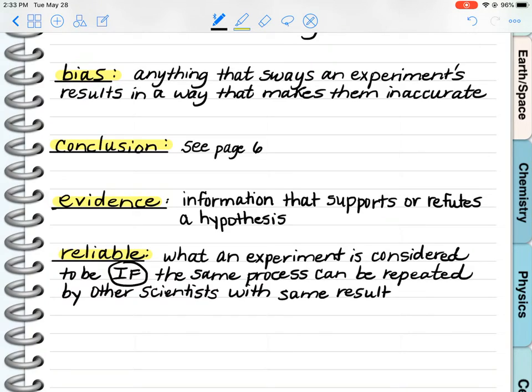I think Jane Doe is the criminal. I've got information that supports that hypothesis. Another scientist should be able to take that same set of data, the two samples, and get the same result. And then a third scientist should be able to do that.